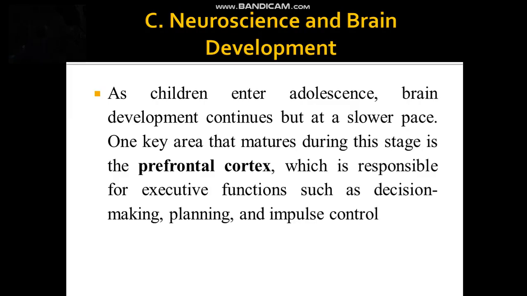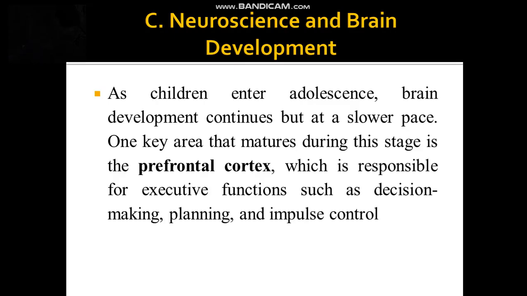As children enter adolescence, brain development continues but at a lower pace. One key area that matures during this stage is the prefrontal cortex, which is responsible for executive functions such as decision making, planning, and impulse control.